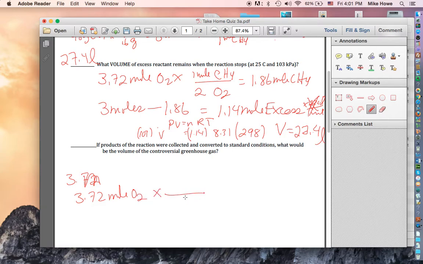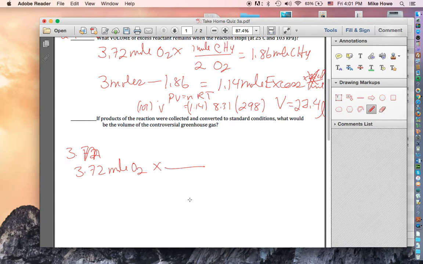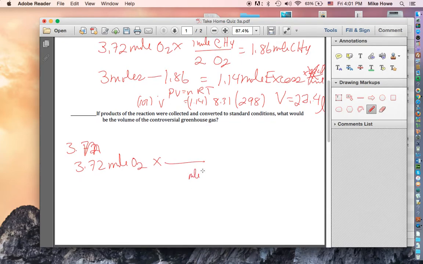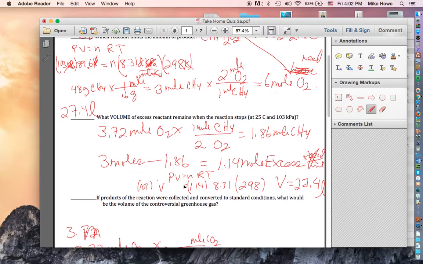And then you would find the moles of CO2, because that's the greenhouse gas, carbon dioxide. So you'd put moles of oxygen on the bottom, moles of CO2 on the top, and that's a 1-to-2 ratio.